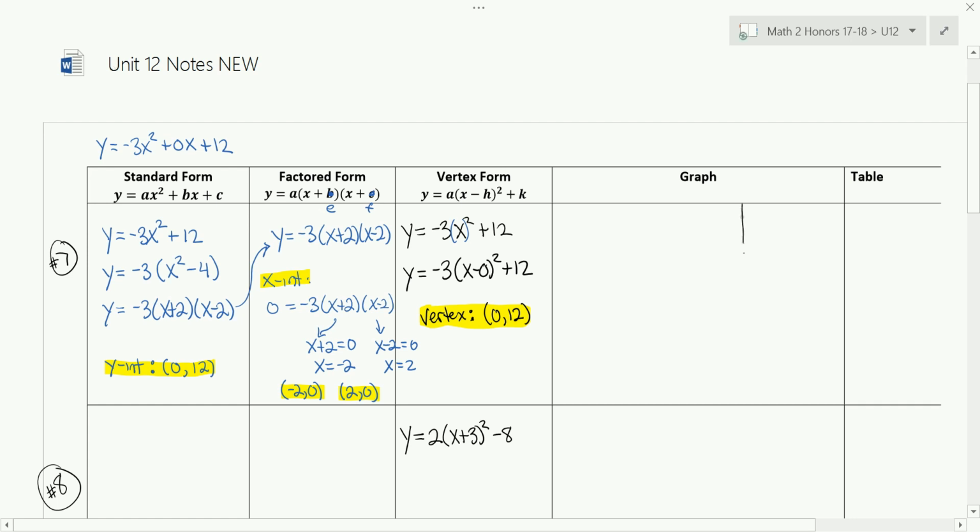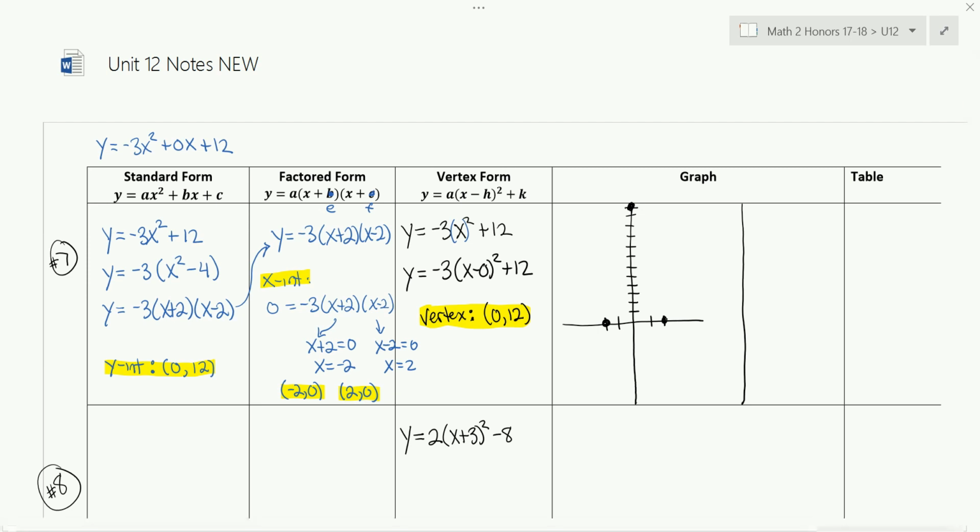All right, so let's graph what we have. The y-intercept way up here at 12, got 2 x-intercepts, -2 and +2. Do we always have to have 2 x-intercepts? Is it possible to have a parabola that doesn't have any x-intercepts?